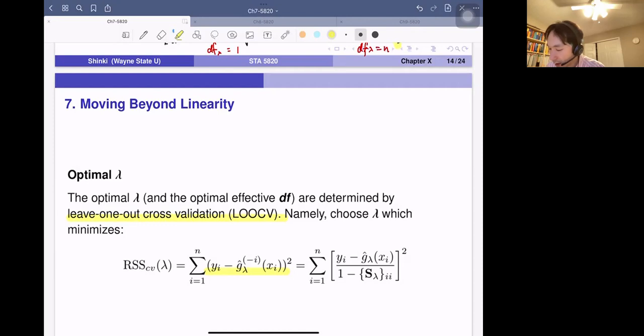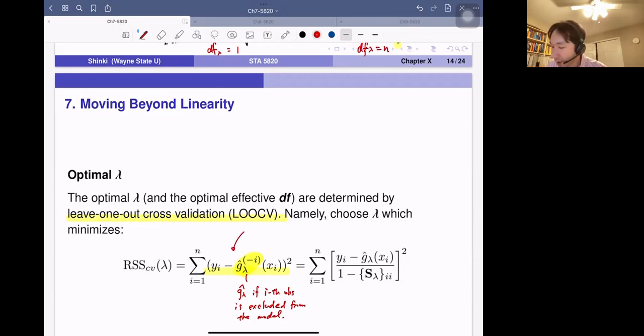Here, g hat sub lambda superscript -i is the estimate when the i-th observation is excluded from the model. So we are doing leave-one-out cross-validation: we exclude the i-th observation in estimation, then evaluate the error size for the i-th observation.